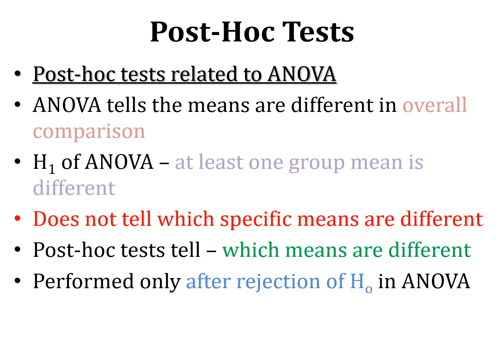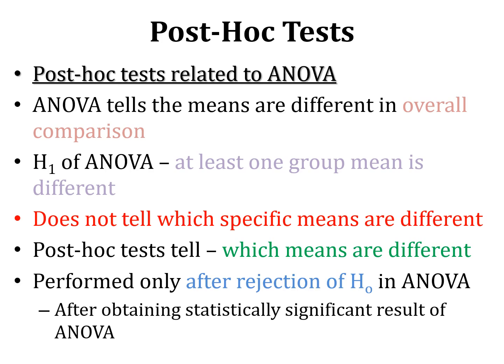So after we have obtained significant results in ANOVA, after we have rejected our null hypothesis, then we can find out which specific group means are different, right? So the post hoc tests of ANOVA are performed only after the rejection of the null hypothesis, after obtaining a statistically significant result of ANOVA. And that is why these are referred to as post hoc tests.